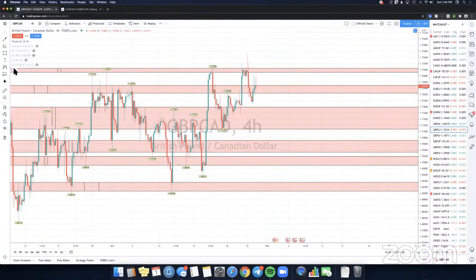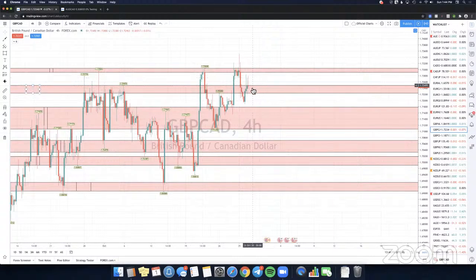I'm going to hide this indicator. Price is currently on this line. So I'm going to give you this upper zone right here, which is 1.72912. And this lower zone down here is going to be 1.72238. So those are the two zones for GCAD.